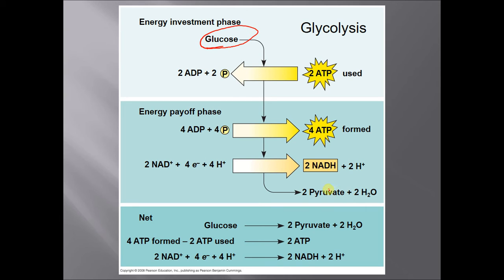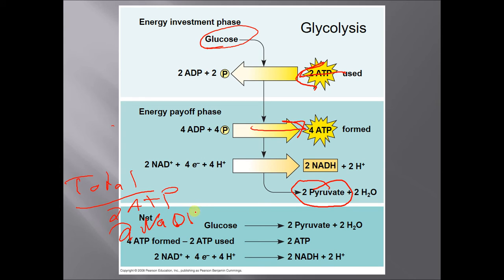At the end, we end up with 2 molecules of pyruvate. It takes 2 ATP to invest to break it down, and we get 4 ATP out and 2 NADH out. So in total, we gain 2 ATP and 2 NADH. So some ATP directly, and then 2 molecules of NADH, which can be later turned into ATP.